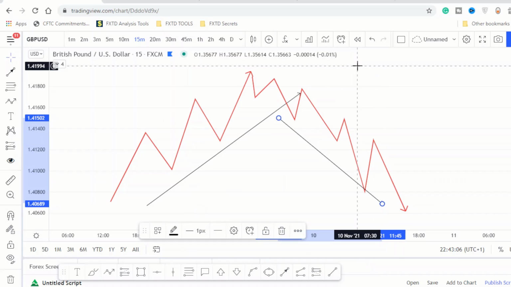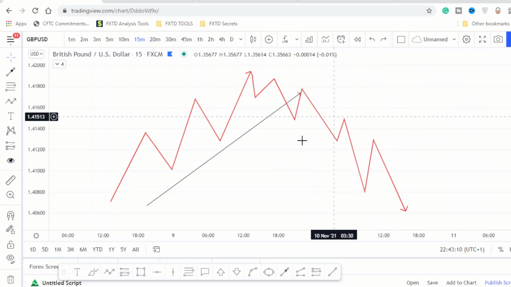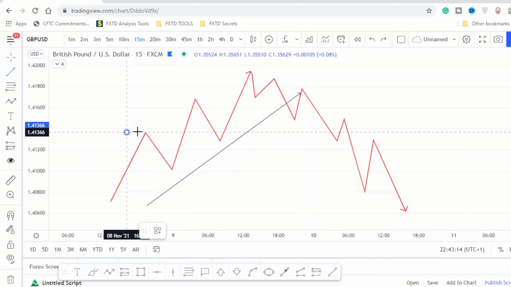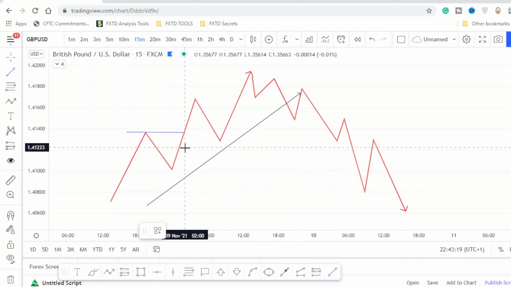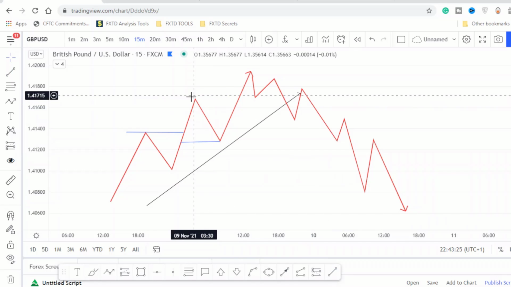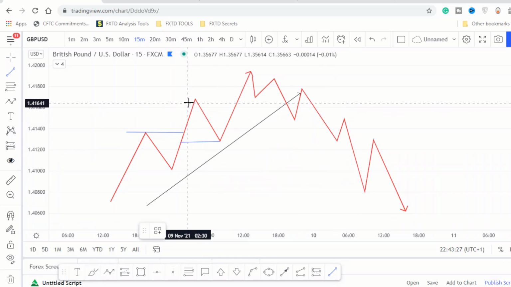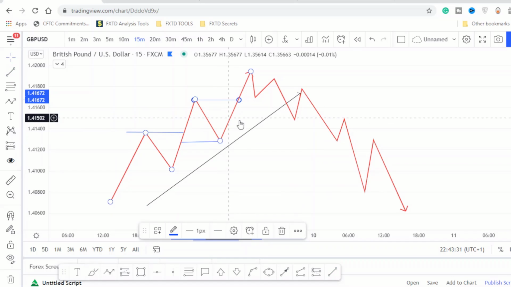Now, for a bullishness to be valid, there must first of all be a break of the previous high and a retest of the previous low, right? A break of the previous high and a retest of the previous low.